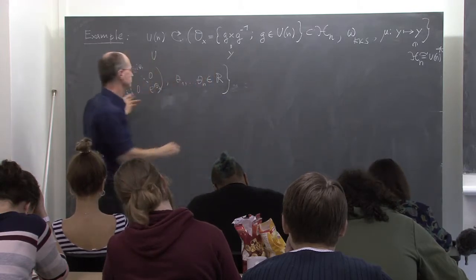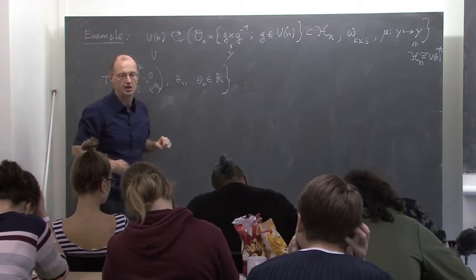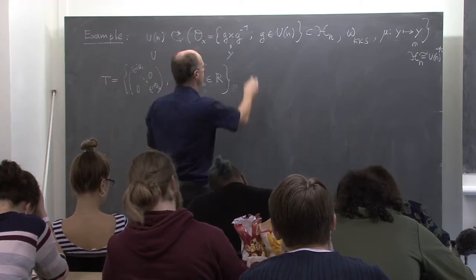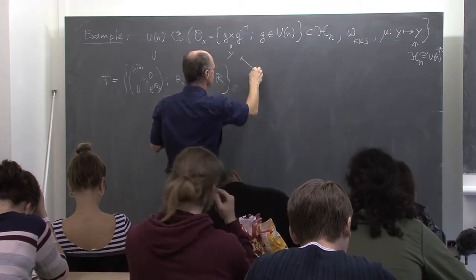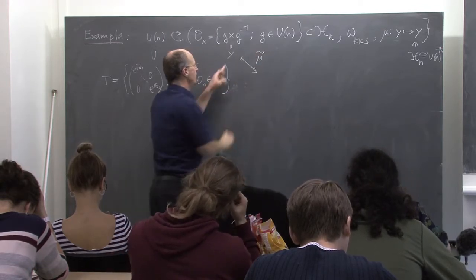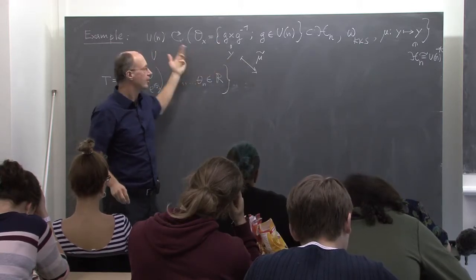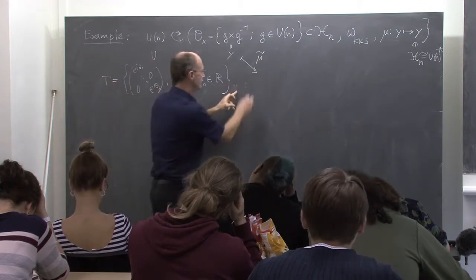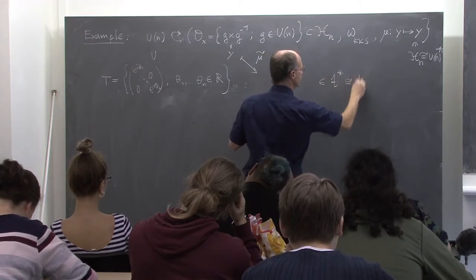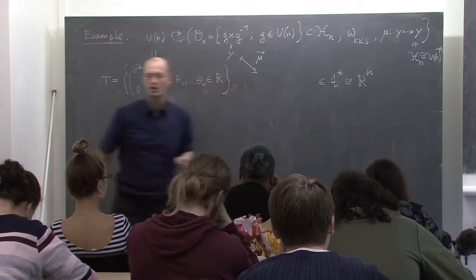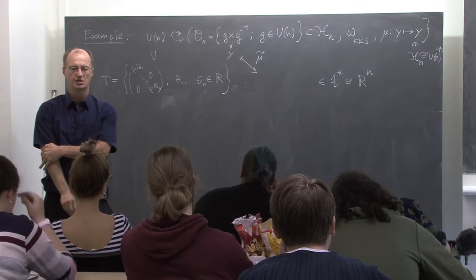So let's say T inside U(n), and for this T would correspond another moment map. Let me call it mu tilde perhaps. So the question is where this moment map would map y, an element of the orbit. Already we know that whatever we write here, it should be in T star, which is in this case isomorphic to R^n. So any ideas of what this might be?